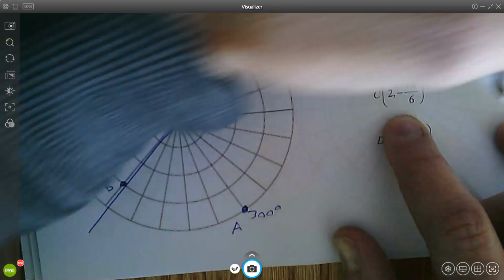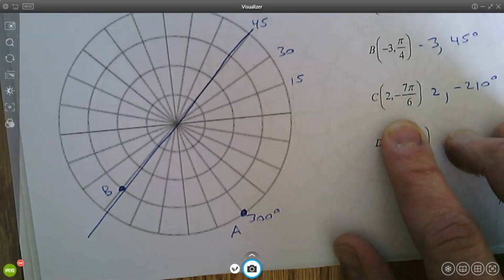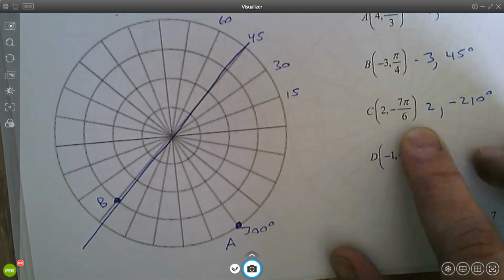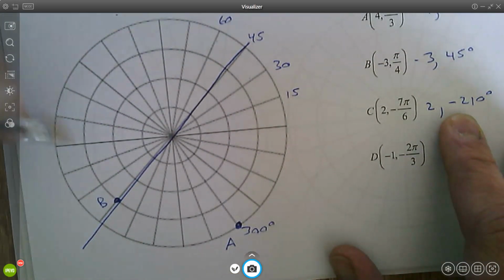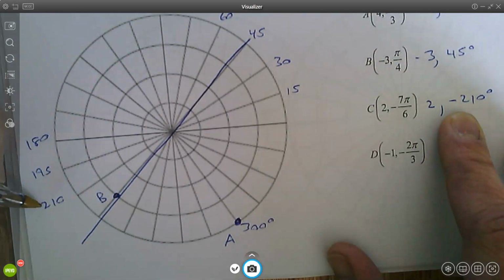For C, you do a conversion, you're going to be at -210 degrees. So what I suggest doing is always going to the positive value. So this is 180 plus 15 plus 15. That's 210. You're going to reflect over the x-axis. So we're down 2 lines, we're up 2 lines.